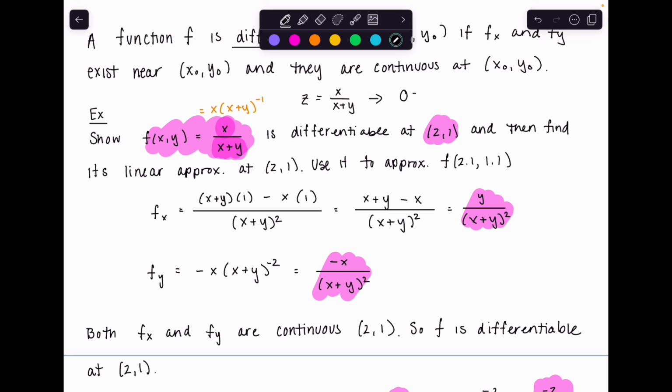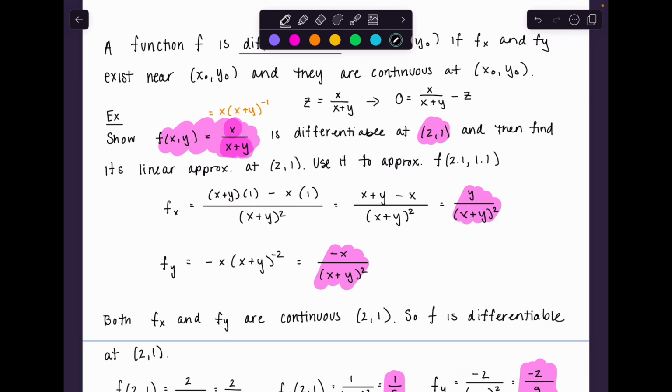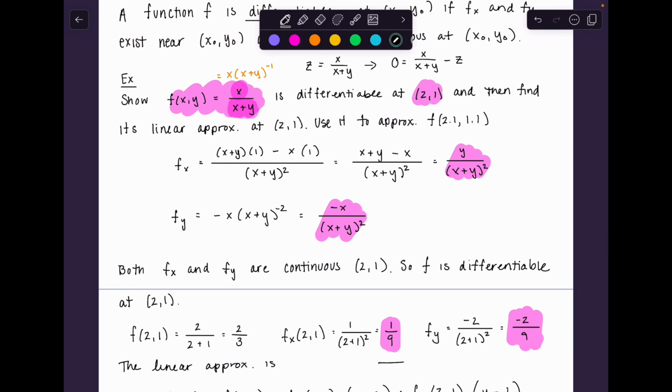Just move that over. 0 is x over (x plus y) minus z. So the z component of the gradient vector would be the partial with respect to z, so it's -1. Okay? So your normal line would have the direction vector 1/9, -2/9, and then -1.